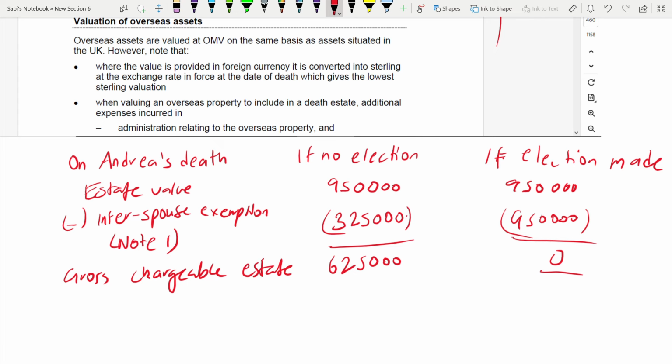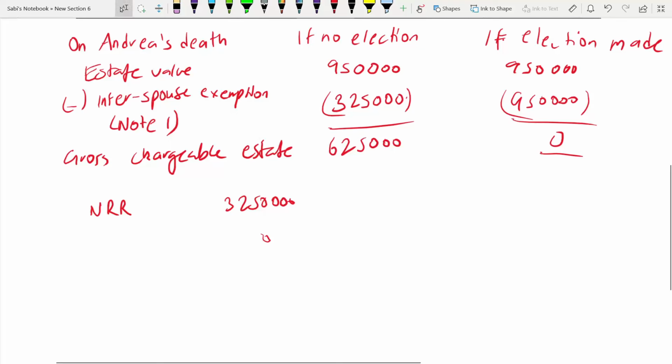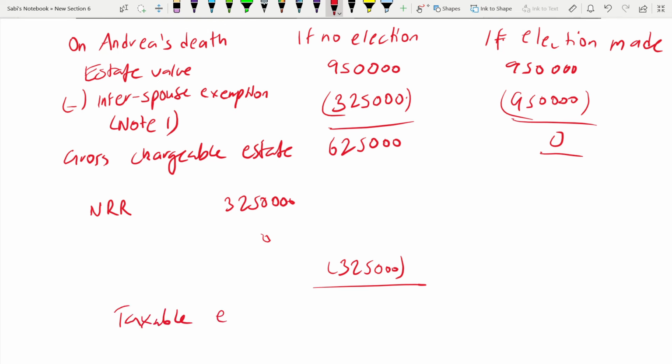Now, after that, what do you need? Nil rate band is 325,000. No lifetime gift, that's why it is 0. So you have not utilized anything. The full 325,000 nil rate band will be available to you. Then this is known as taxable estate. Taxable estate would be 300,000.